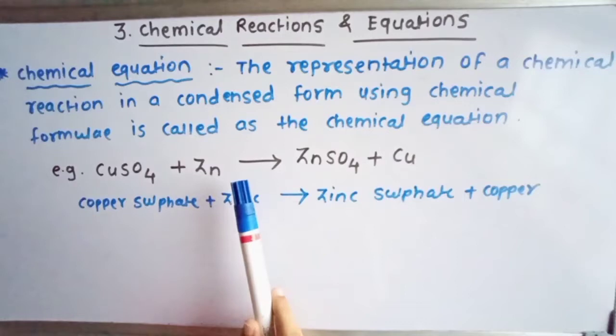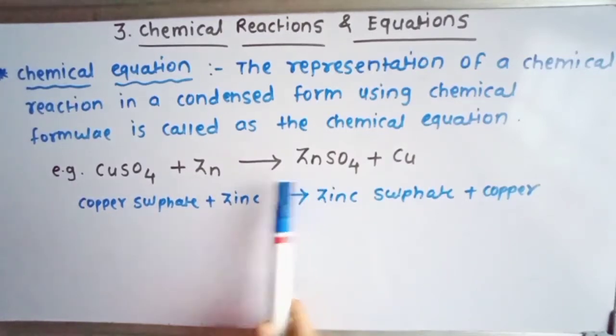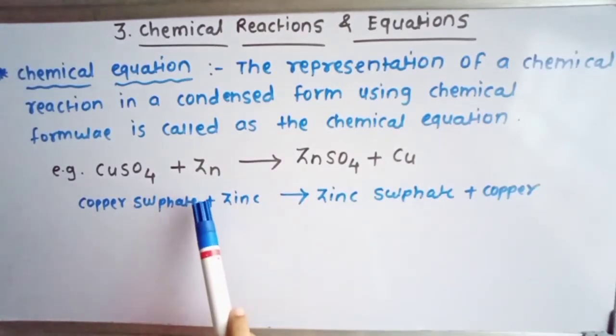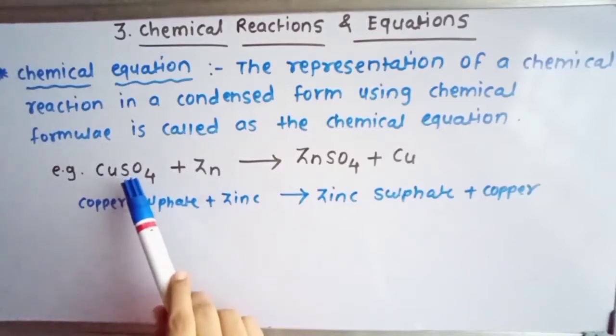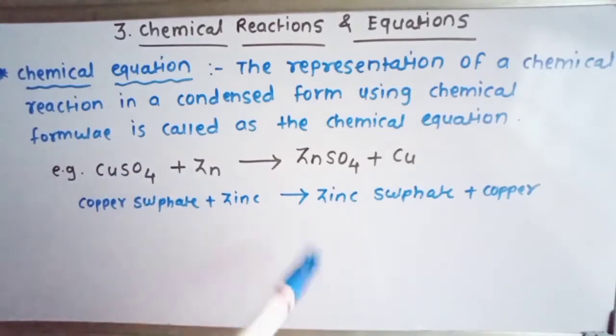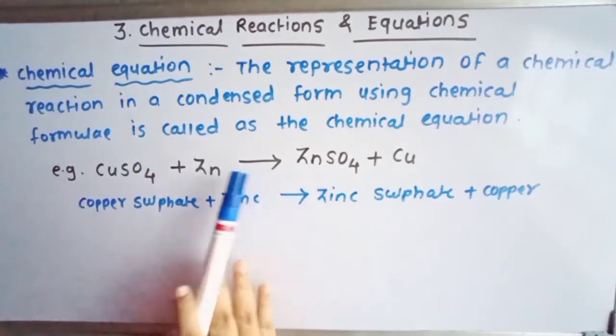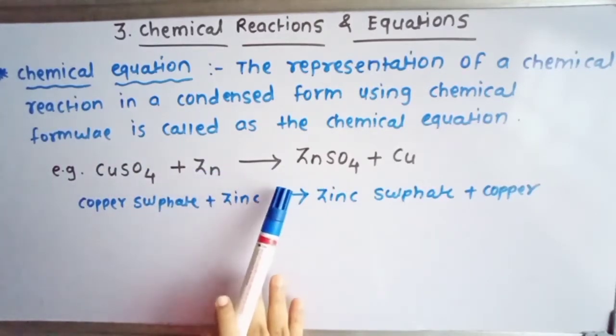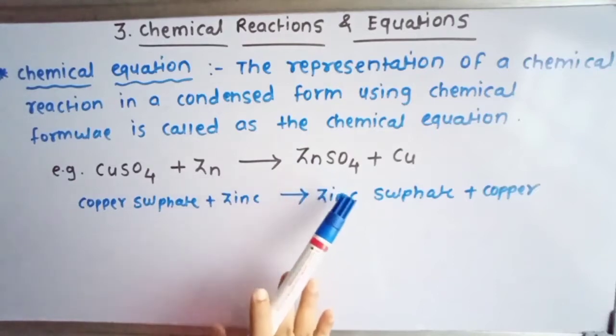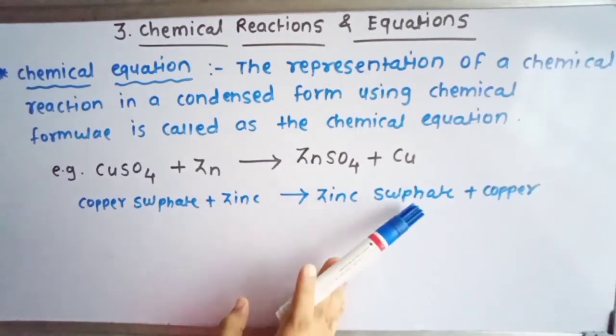This chemical reaction can be written in brief as follows: aqueous solution of copper sulfate, which means it is mixed with liquid, that form is aqueous solution. Then zinc dust gives you aqueous solution of zinc sulfate plus copper.